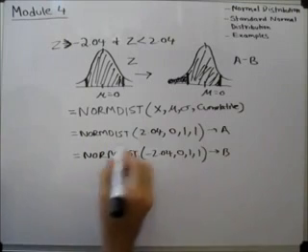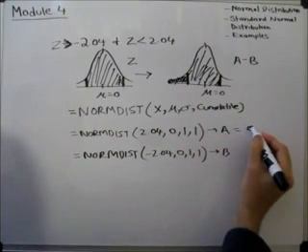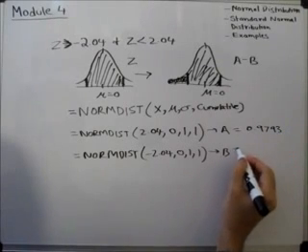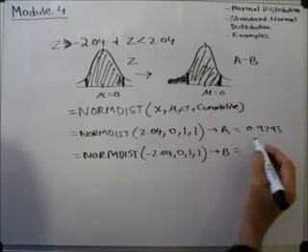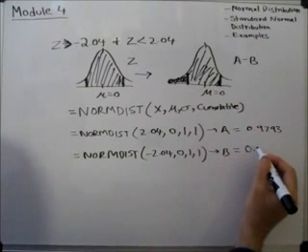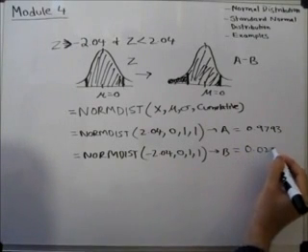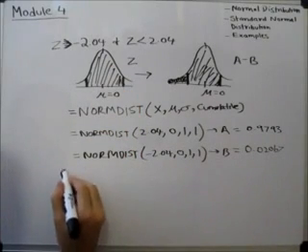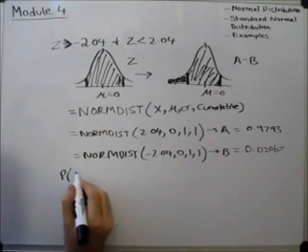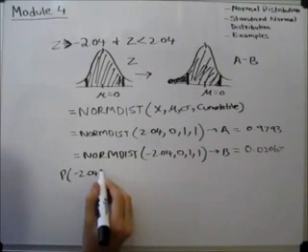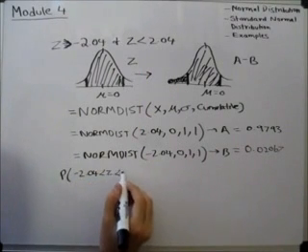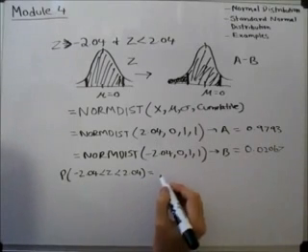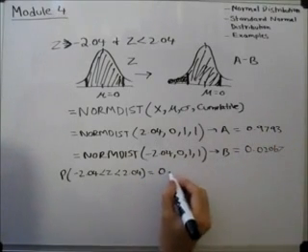The answer to this is 0.9793. The answer to this is 0.02067. And the region that I'm interested in is this minus that, which is 0.9587.